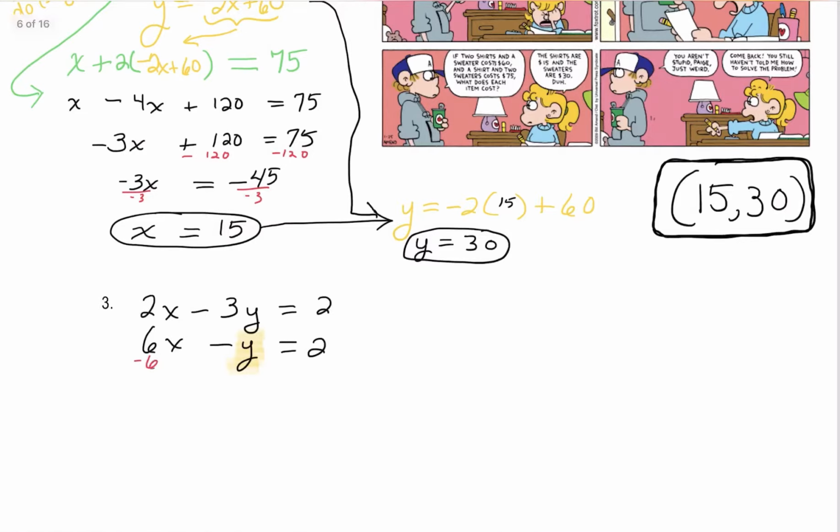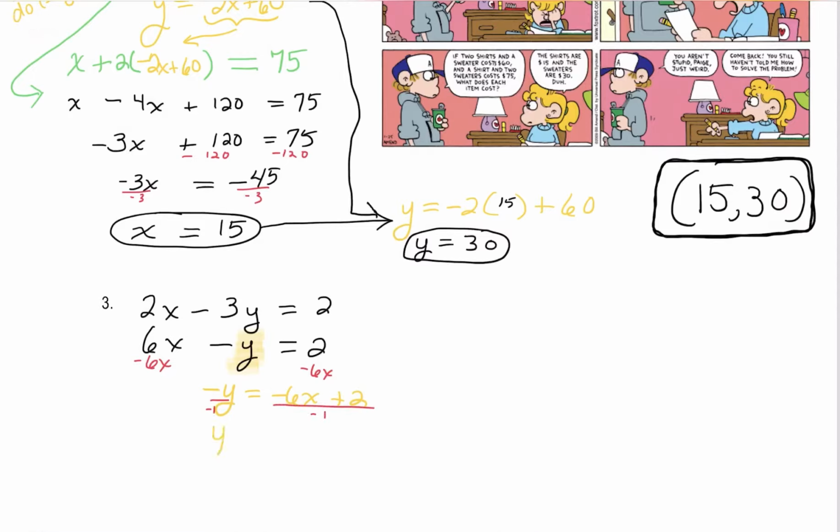So we start by subtracting our 6x. And so that is going to give me my -y equals -6x plus 2. And then my last step on this isolating for y business is dividing both sides by the -1.